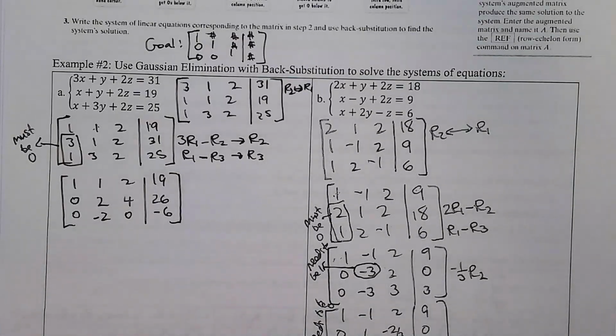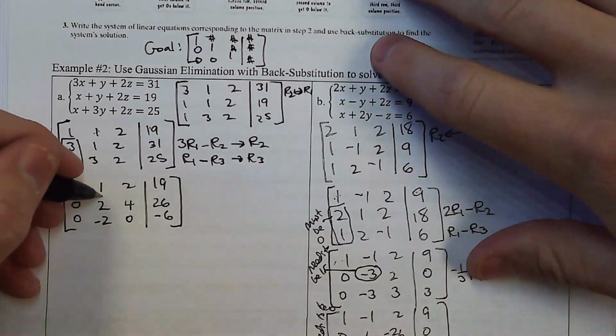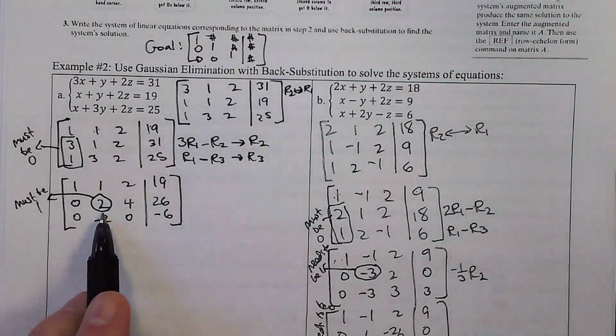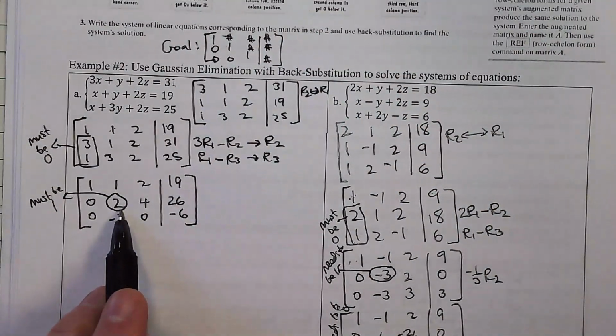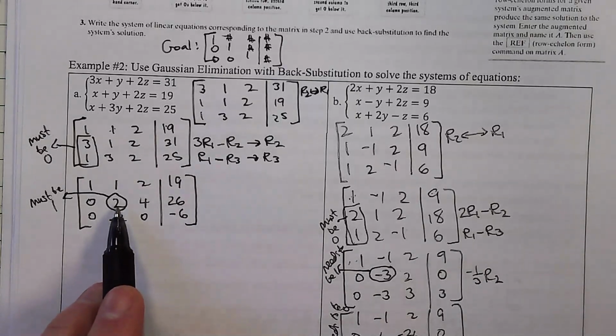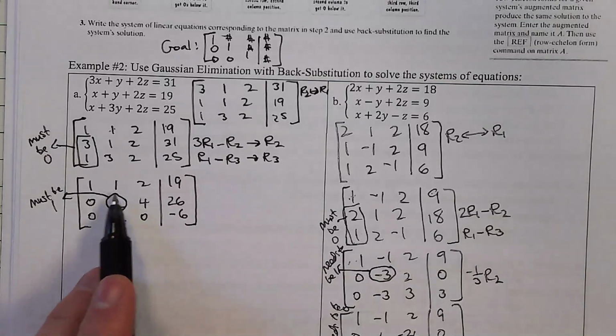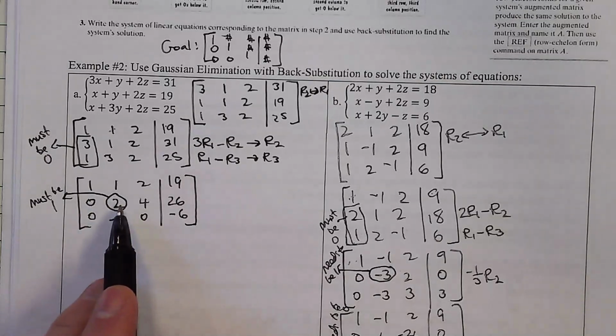Our next step is to make this element 1. This must be 1. What can you do with 2 to make it 1? You could do R2 minus R, but actually we don't want to mess with these zeros. What I would do here is just take half of R2.